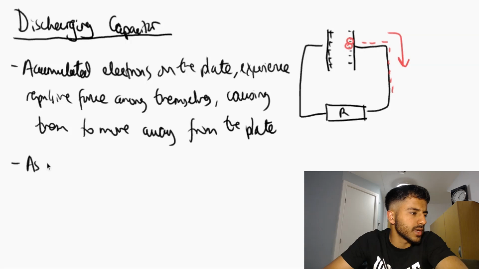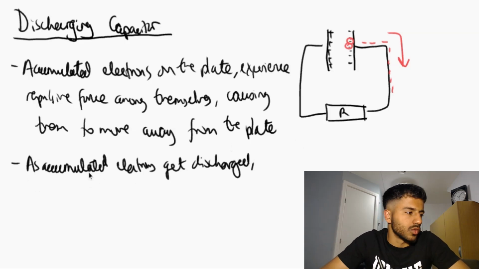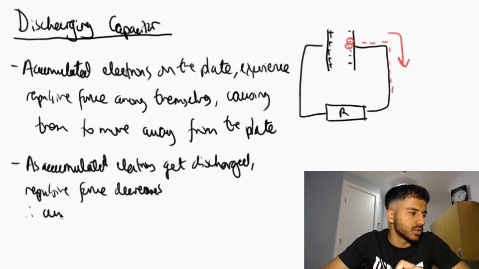And as the accumulated electrons get discharged, or as they leave the plate, there's going to be less electrons on the plate, so the repulsive force decreases, and therefore the current decreases.